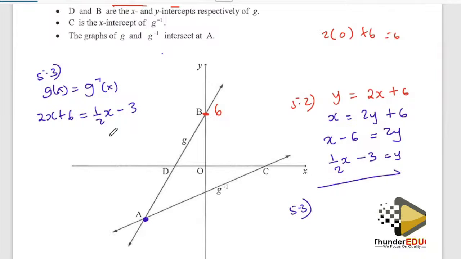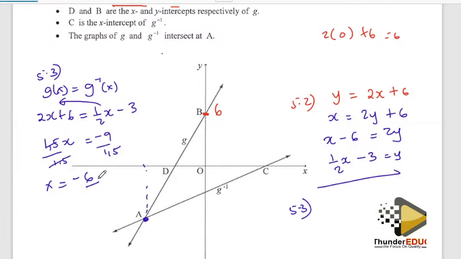Then I'll transpose, move this half this side. 2 minus a half gives 1.5x, or 3 over 2 x. When I move the 3 that side, I end up with negative 9. Divide both sides by 1.5. So 9 divided by 1.5 gives 6, but negative. We can see that it's already on the negative side.